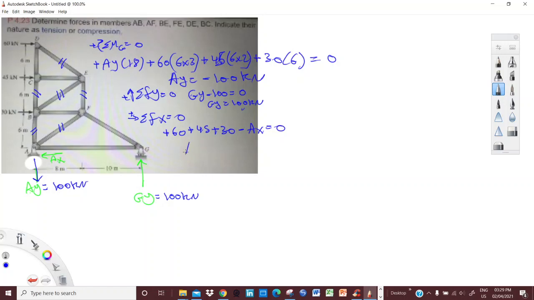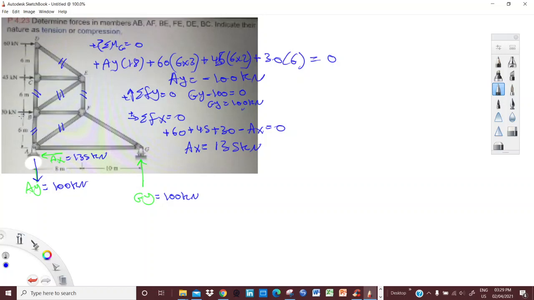So AX is going to be equal to 60 plus 45 plus 30, AX equal to 135 kilonewton. So we found the reactions at the support, and these are the external loads.